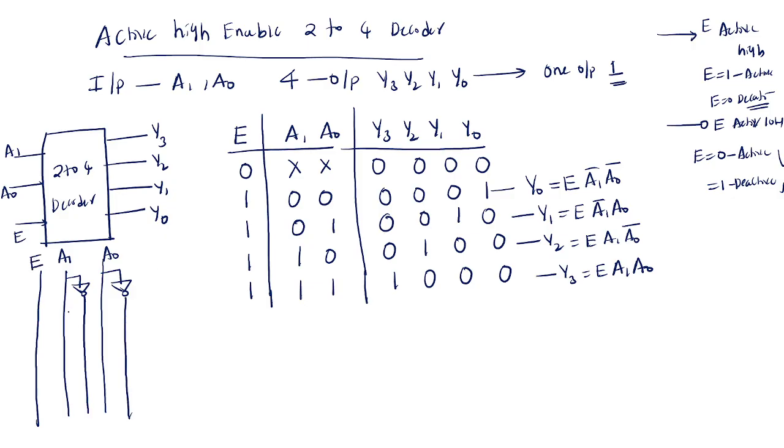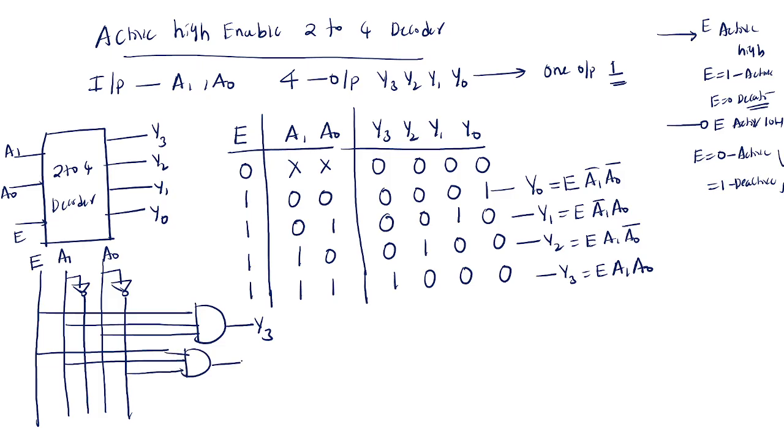What is Y3? Enable, A1, A0 connected with an AND gate; this is Y3. Y2 is enable, A1, A0 bar connected with an AND gate.